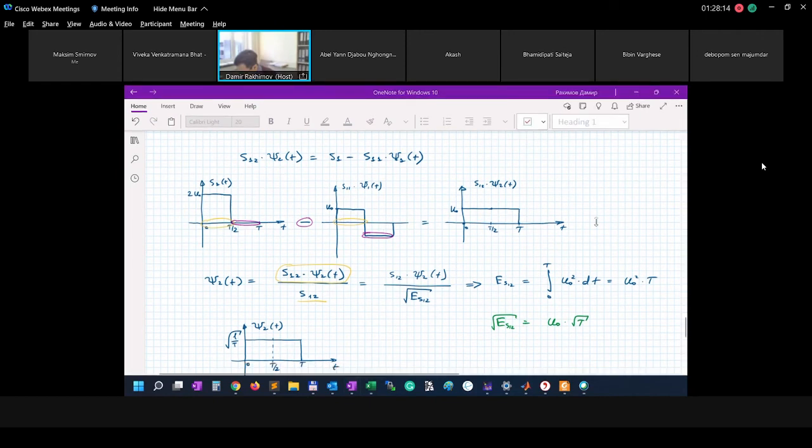If you come closer and try to speak louder, then I can hear you. Is my voice audible now? Yeah, now it's better. Can you please explain why the energy of S12 is the integral of U0 squared dt?